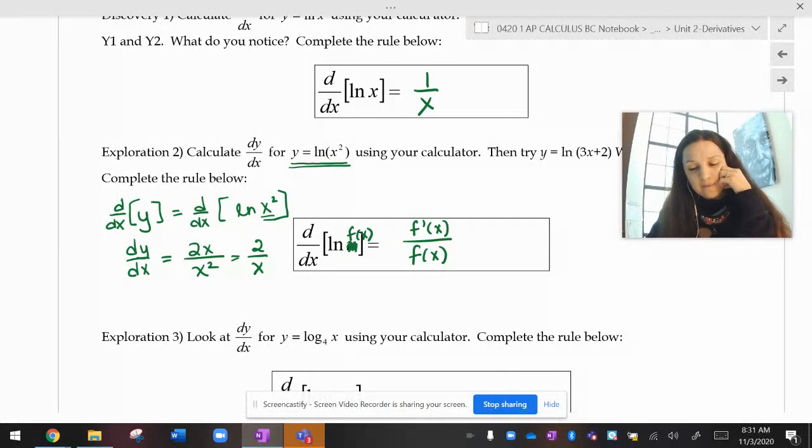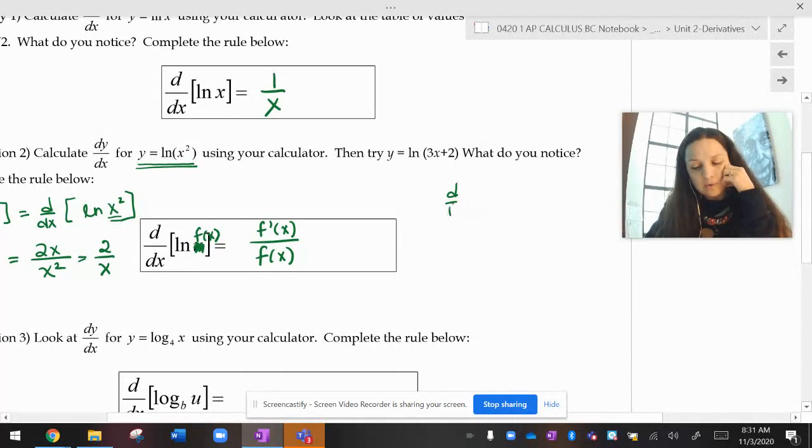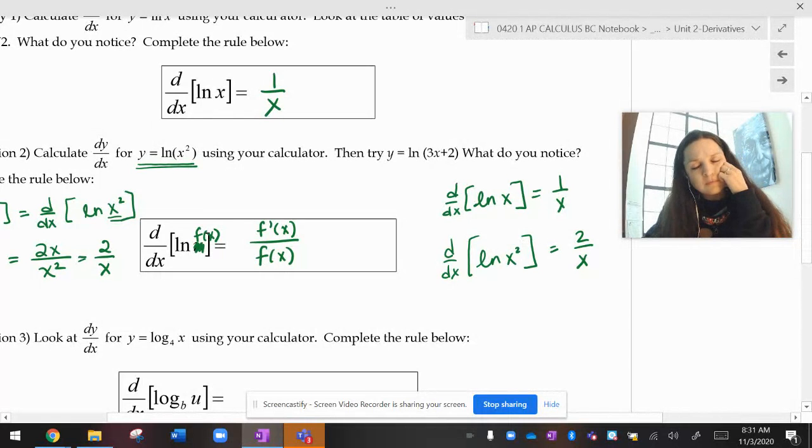Fun fact, we just said that the derivative of ln x is 1 over x, and we said the derivative of ln x squared is 2 over x. So doesn't that kind of imply that the ln of x squared is twice as big as ln x?